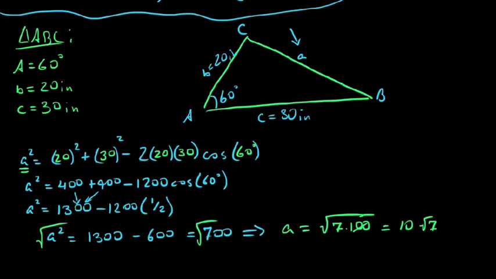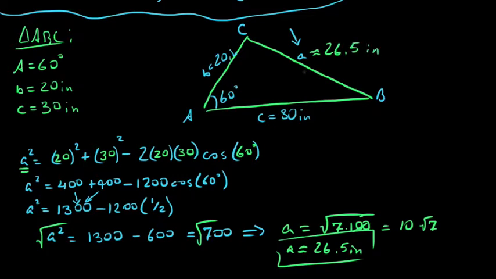So A is approximately 26.5 units, and we were measuring this in inches. The first thing we want to do is take this value and put it back up on our diagram and talk about whether this is reasonable. So we say about 26.5 inches.